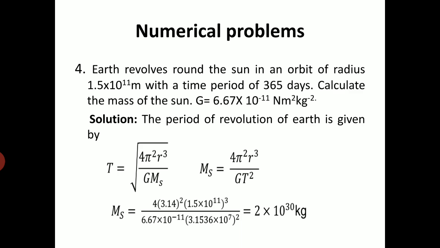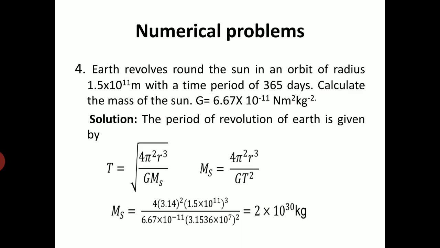The period of revolution of the Earth is given by T equals root of 4 pi square r cube divided by capital G Ms, where Ms is the mass. Ms is equal to 4 pi square r cube divided by G T square.